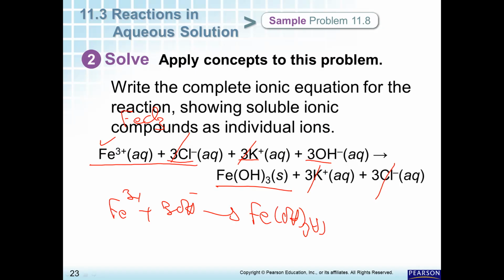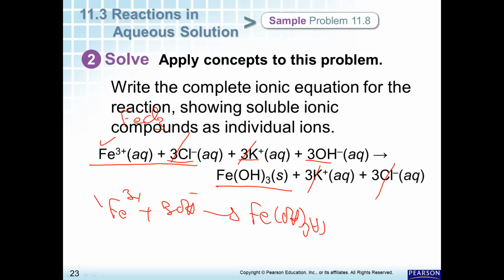Now you need to make sure that they are balanced: one iron, and then we have 3 hydroxide and 3 hydroxide. In terms of the charge, 0 and 0. So this is a balanced equation. We don't need to do anything. I'm telling you that this is a very typical question in any common exam.